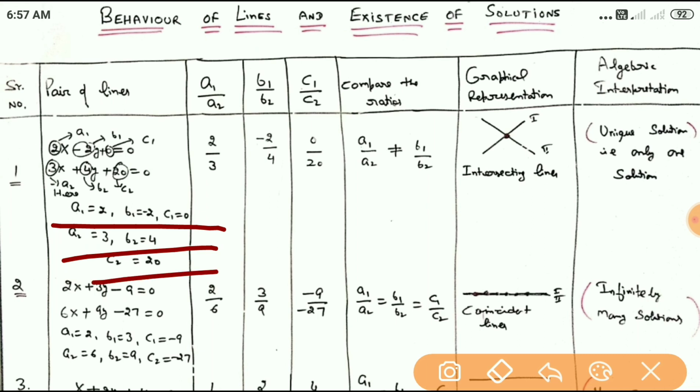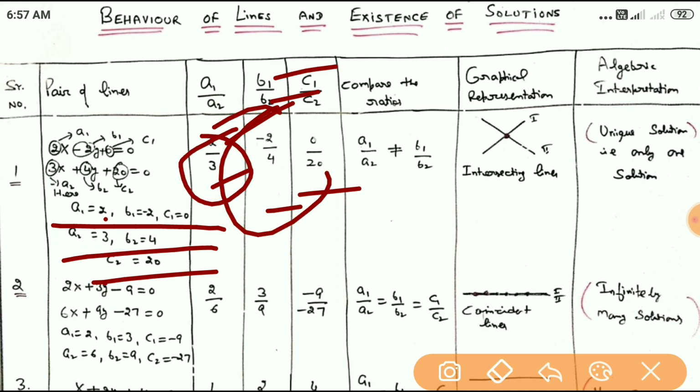First of all, find the ratios: a1 by a2 is 2 by 3, b1 by b2 is minus 2 by 4, and c1 by c2 is 0 by 20, that is 0. When 0 is divided by any number, its answer is 0. Here a1 by a2 is 2 by 3 and b1 by b2 is minus 2 by 4, so these 2 ratios are not equal.